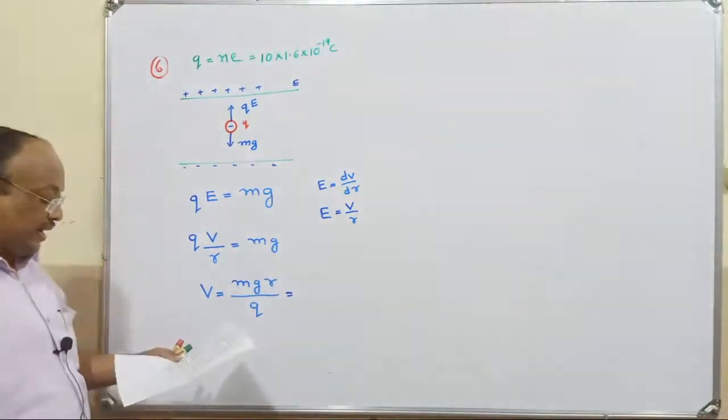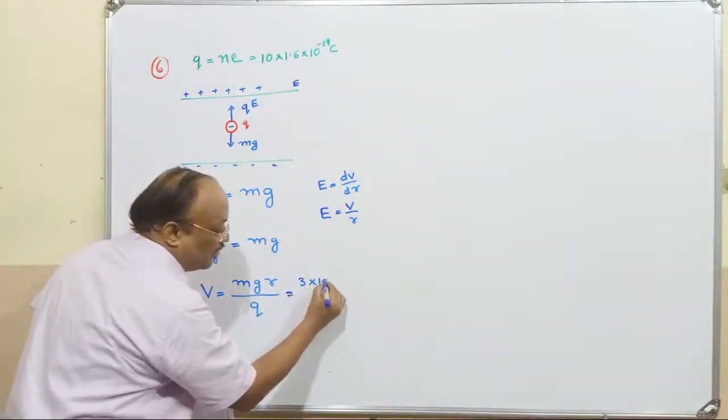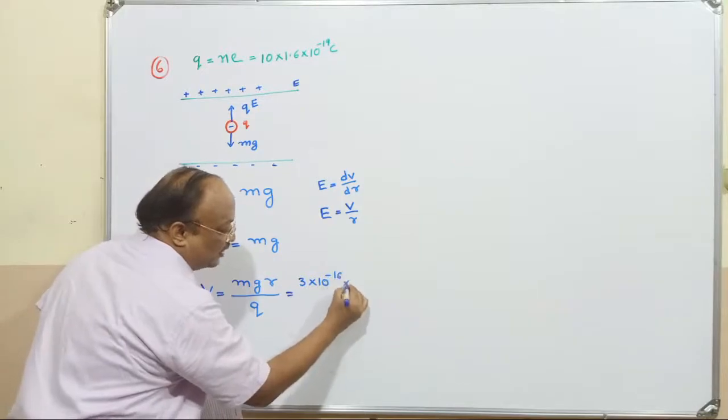The mass they have given is 3 into 10 to the power of minus 16.